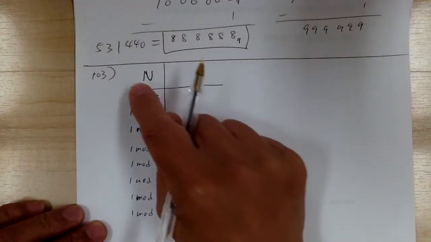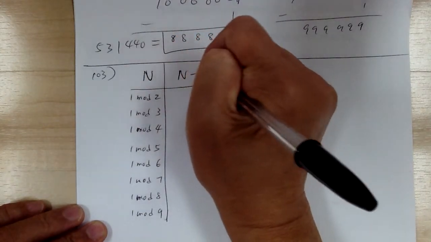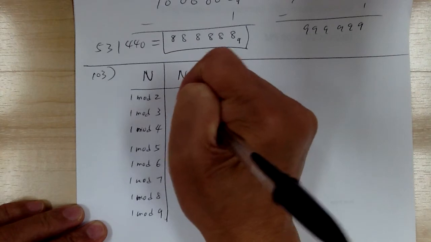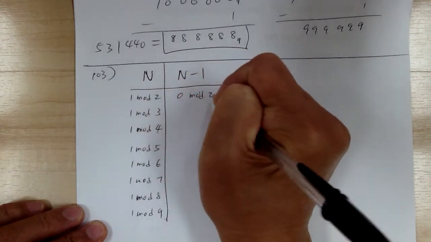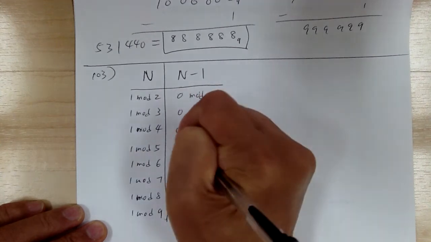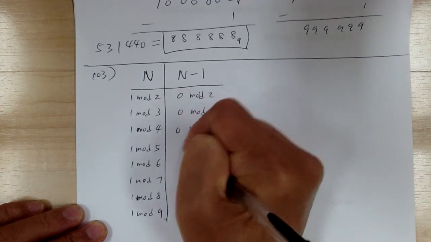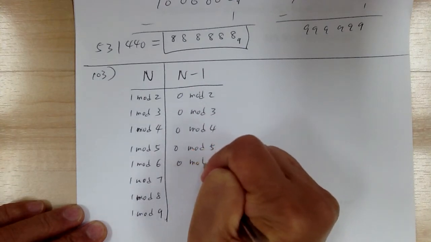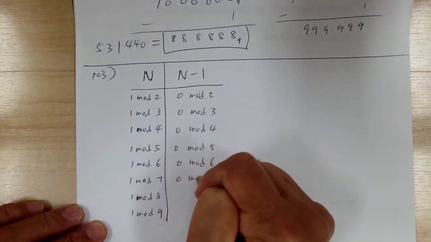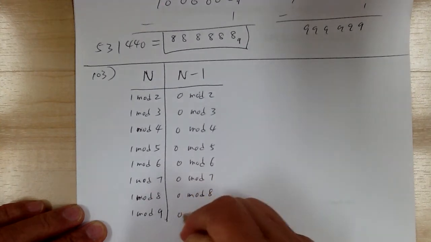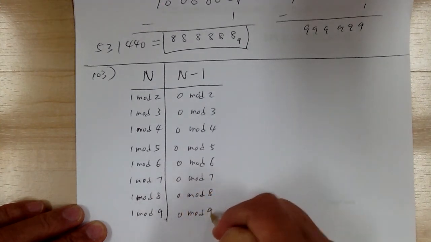So what you want to do is minus 1. When you minus 1, this becomes 0 mod 2, 0 mod 3, 0 mod 4, 0 mod 5, 0 mod 6, 0 mod 7, 0 mod 8, 0 mod 9.